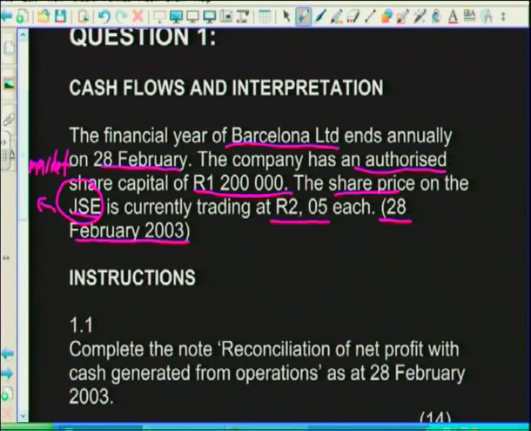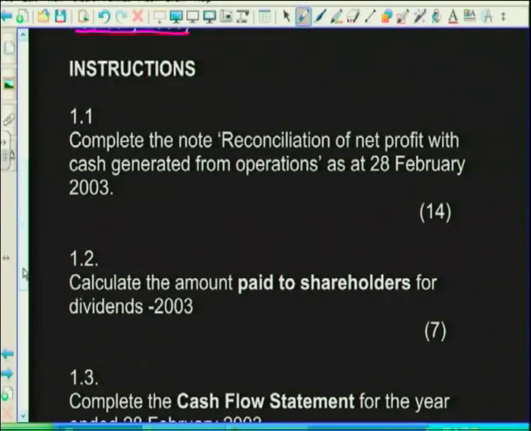Okay, so let's make some notes just so that we remember. JSE refers to your market value. Let's go on to our instructions. 1.1, we're going to complete the note, reconciliation of net profit with cash generated from operations as at 28th of Feb 2003.